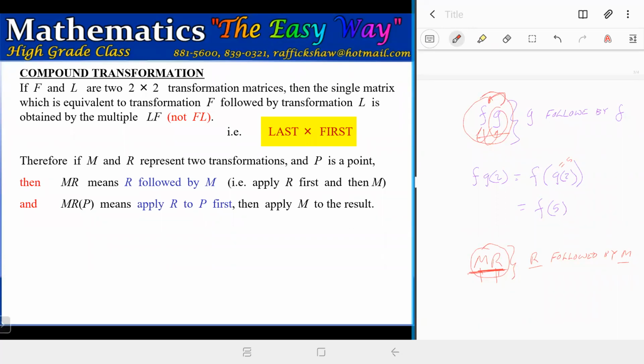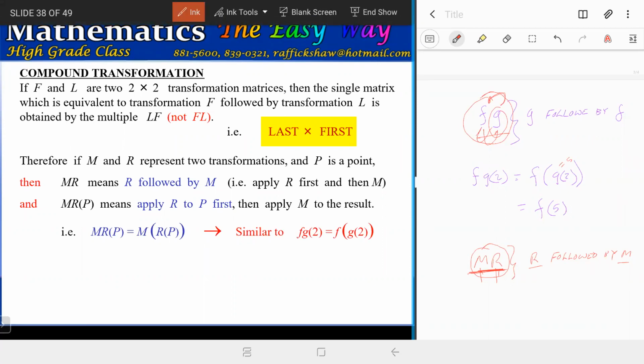Because MR means R first, M second. Pay attention to the details. I'm showing you it is similar to doing f of g of 2.